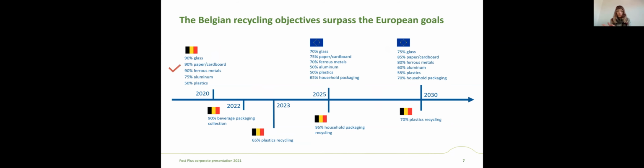That's the target for 2025 in Europe. In 2023, so 2 years from now, we'll have to attain 65% of plastic recycling, where Europe asks for 55% by 2030. So Belgium basically tries to be way ahead of the curve and overly ambitious on setting these targets. We're looking at a 2030 target for plastics of 70%.